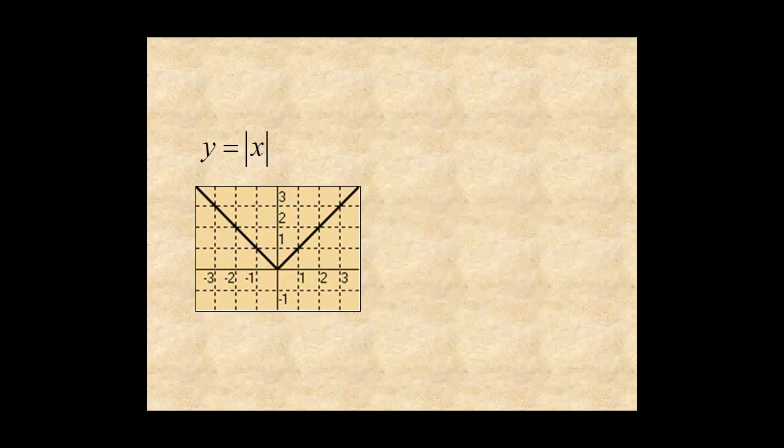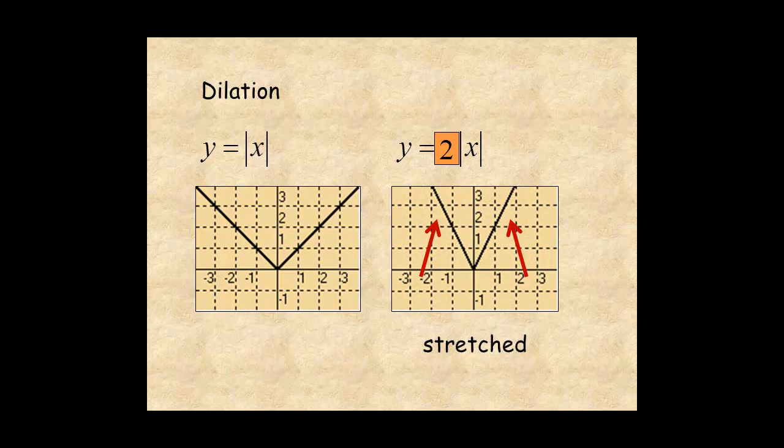If you multiply the function by a constant, the y-coordinates of points on the graph are multiplied by the constant, but the x-coordinates are not changed. This causes a vertical dilation of the graph. For example, if you multiply the function by a number greater than 1, like 2, the graph is stretched vertically.